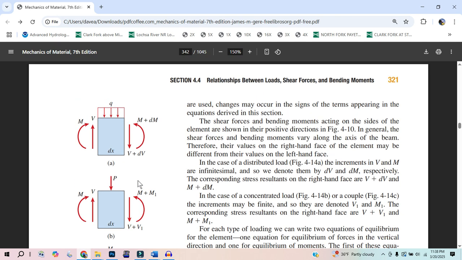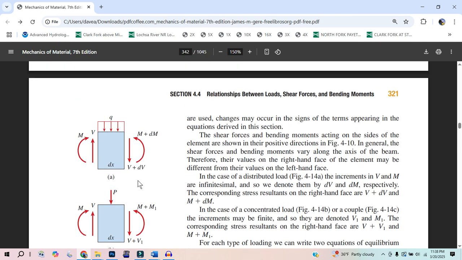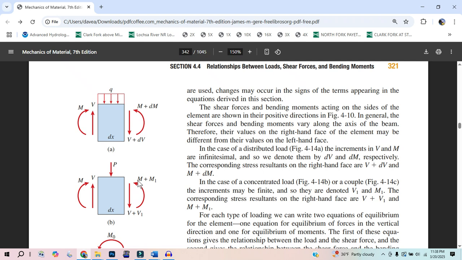And in all scenarios, these are a differential slice, so this distance becomes almost zero. And if that's the case, then there's hardly going to be any change between this shear force and this shear force. And so you hardly get any change in moment, but you still get a change in moment over here.